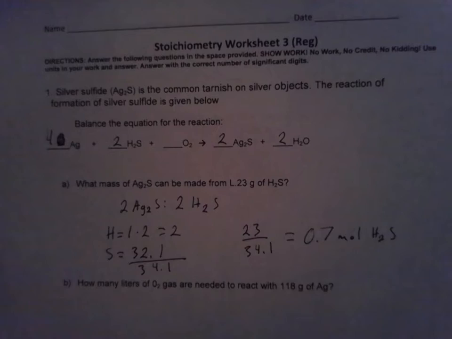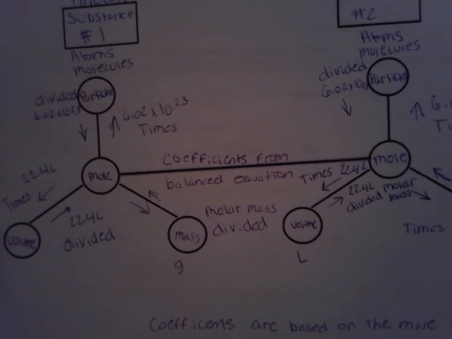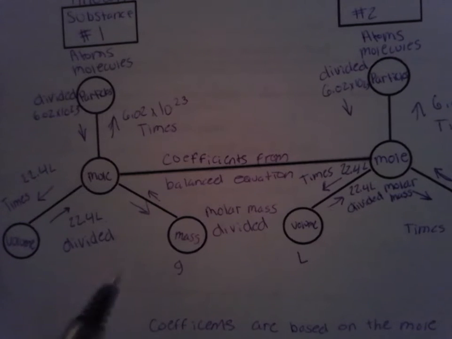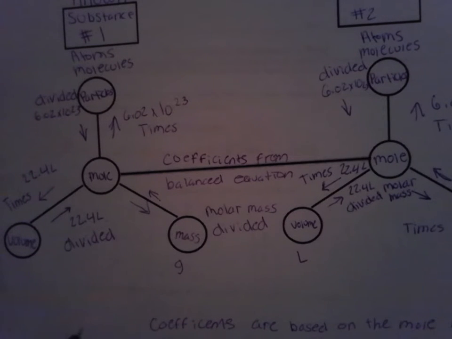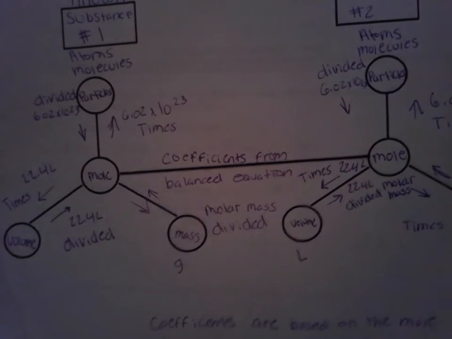So now that we have our moles, we have to take our coefficients. The great news is that it's just going to be divided by 2 and then multiplied by 2. So when we do that, it doesn't change. So we go from moles to moles.